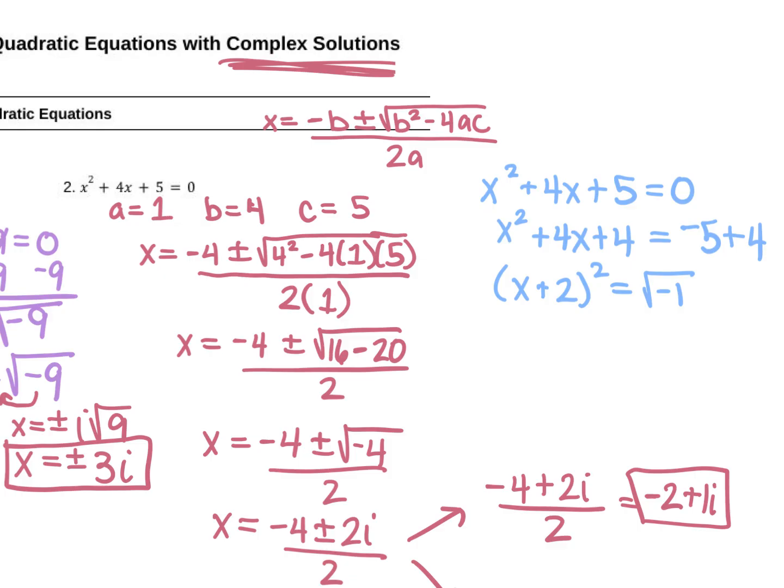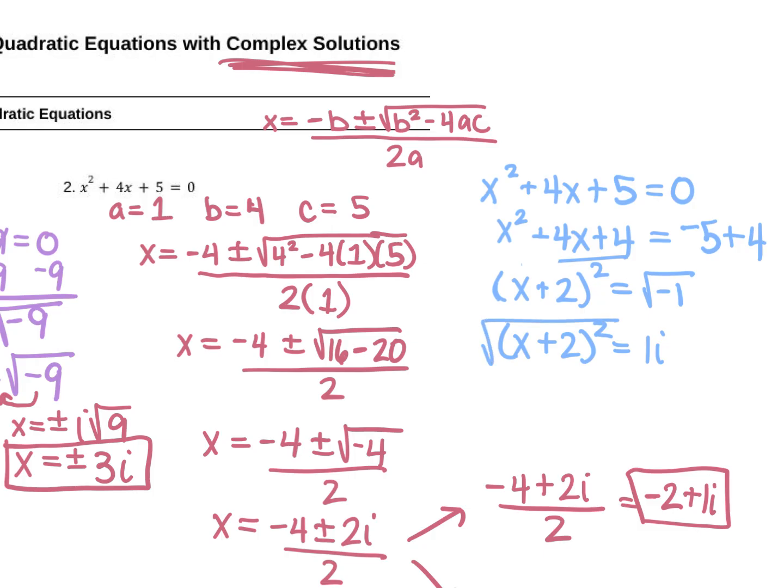But let's try it. So we'll square root. Wait, hold on, this should work algebraically. Interesting. Let's see. So technically on this side, let's get rid of our radical first. So we would have 1i, right?